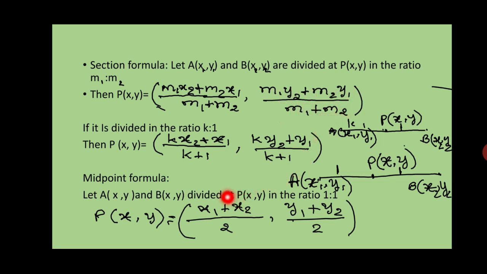Therefore, the new formula, midpoint formula, is given by x1 plus x2 divided by 2 and y1 plus y2 divided by 2. See here, inside the bracket, the first one indicates its x coordinate and second is its y coordinate, right?